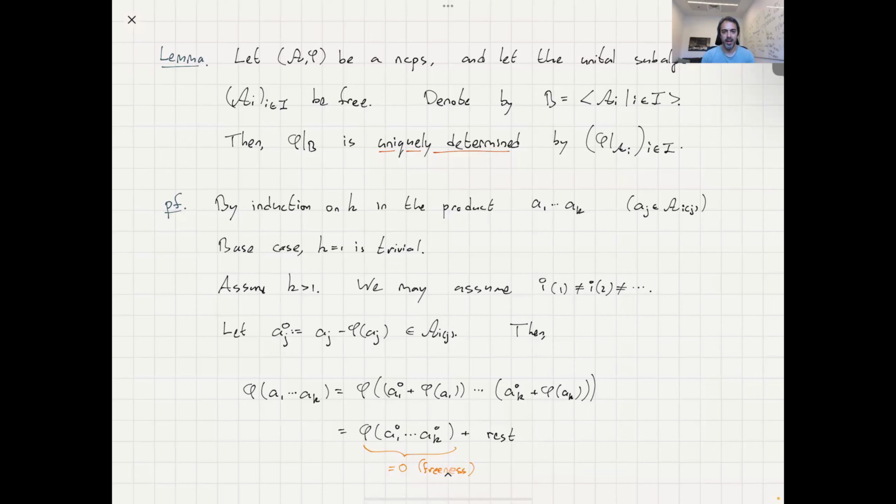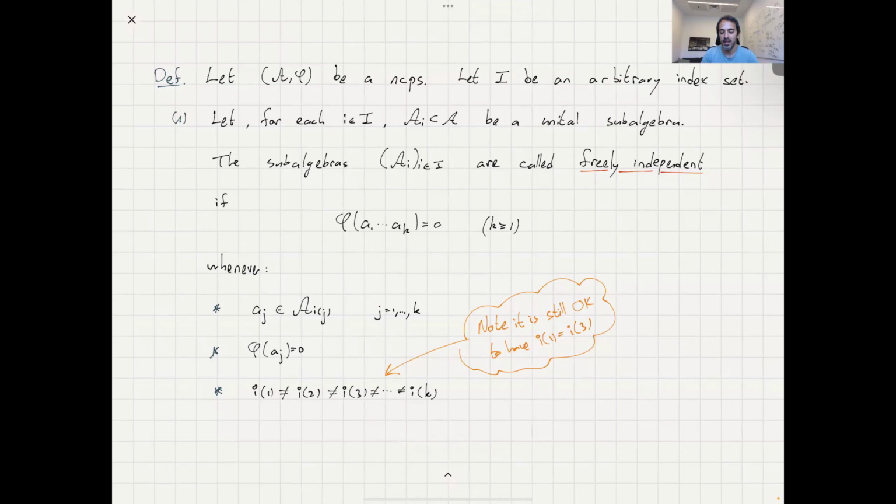So as I said, maybe we'll go back to the actual definition. Part 1 of the definition is maybe kind of disappointing because it doesn't tell you in an explicit way how to compute the joint moment of random variables which are free.